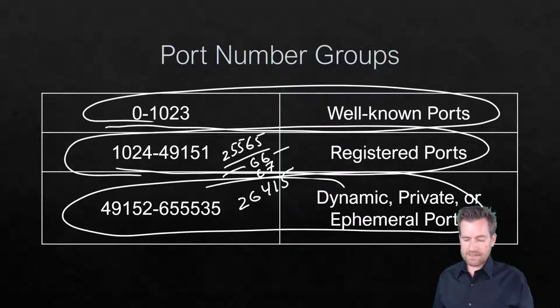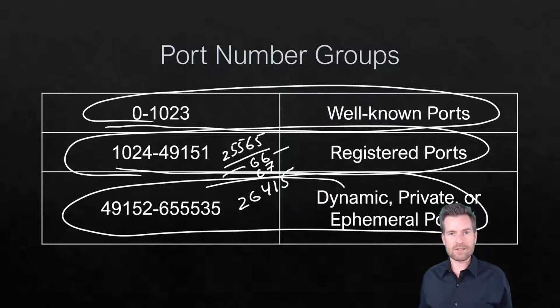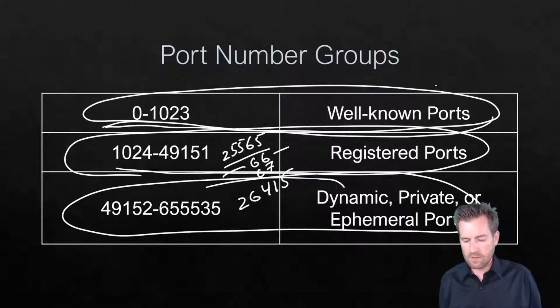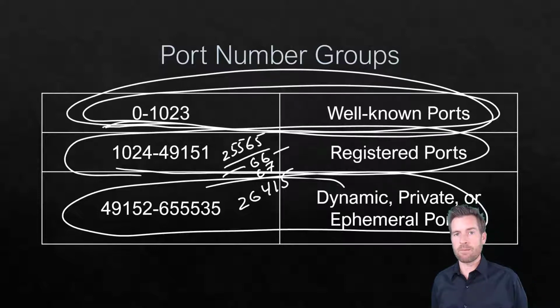Once again, they're not registered ports, but you can utilize some of these ports and not use the standard ports. But for the most part, especially in this first range right here, you want to use the standard ports most of the time, unless you have a good reason not to.